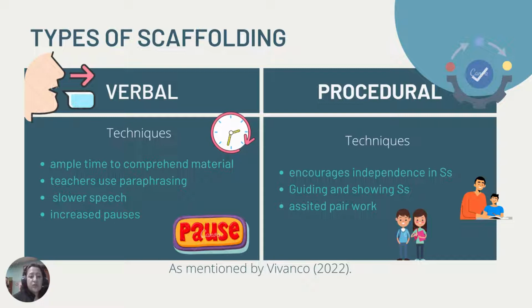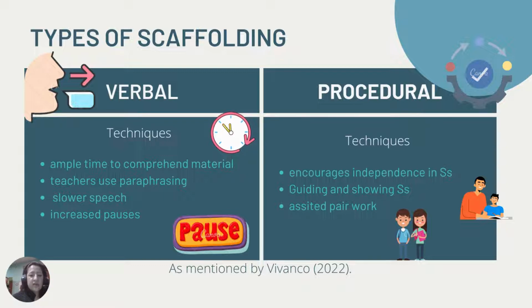And when the content is a bit difficult for them, she will reword it, paraphrase it, make it simpler for them to understand. She might even slow her speech rate and increase pauses during her presentation, during the time given for students to perform the activities or tasks.